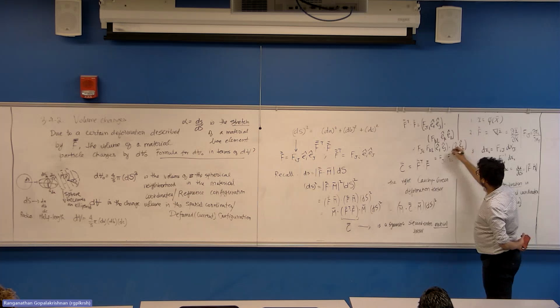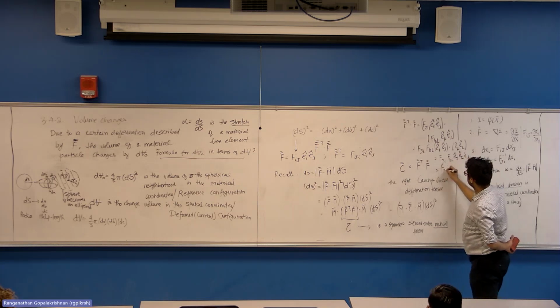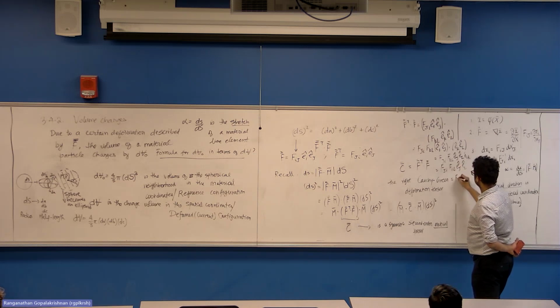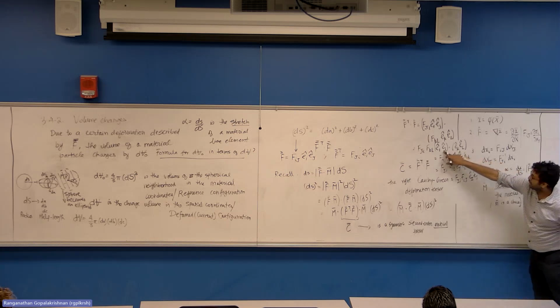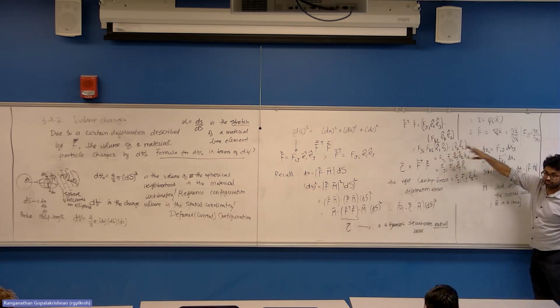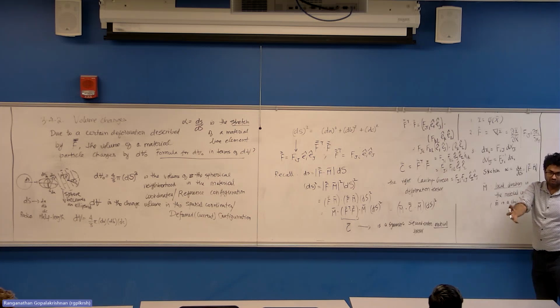If you leave this as Ej El delta ik, this is Fji Fil Ej El, or I can replace the dummy index and write this as Fij Ei Ej. What I did was Ei dot Ek in the spatial coordinate system. That's what I did. What I want you to do is tell me why that is justified.